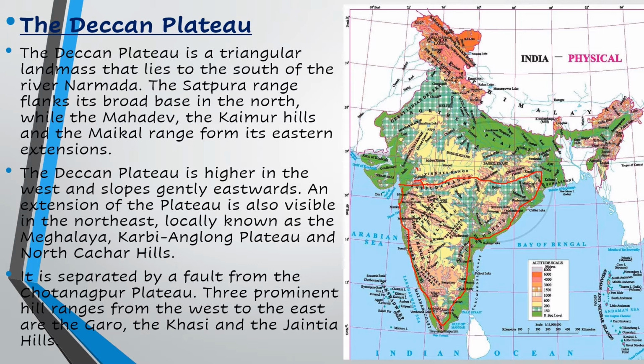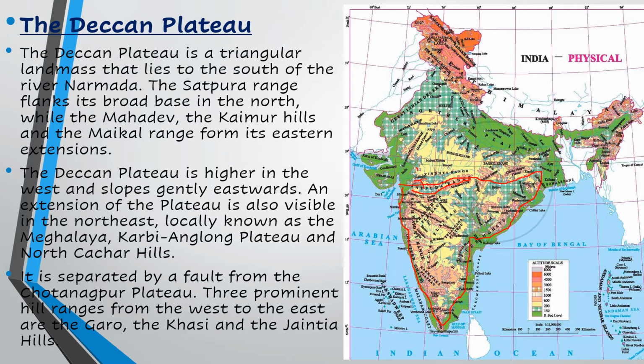So the Deccan Plateau lies to the south of the river Narmada. You can see the Satpura range in the Deccan Plateau. It flanks its broad base in the north.